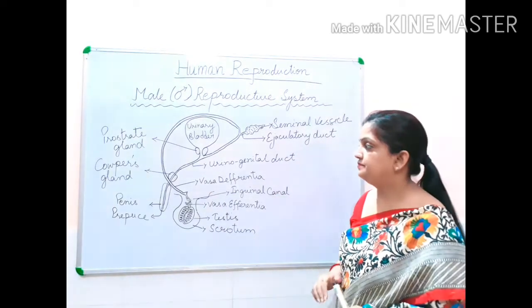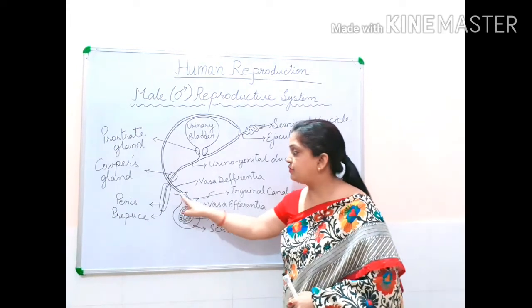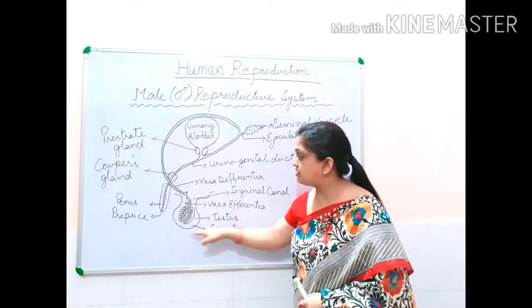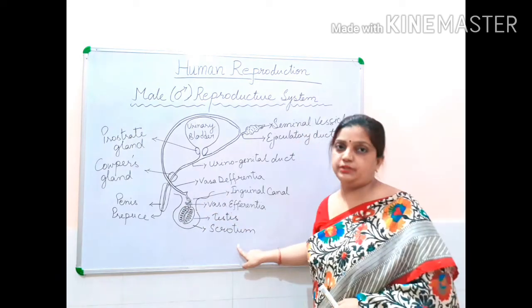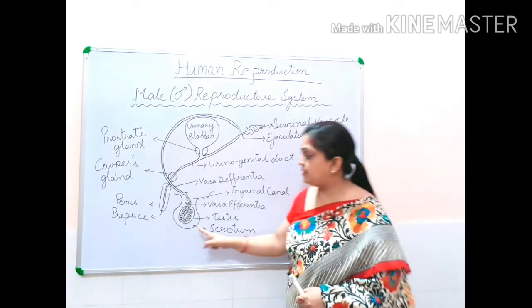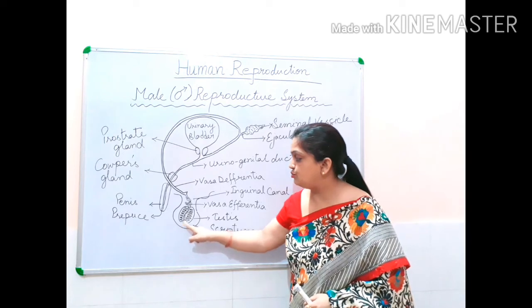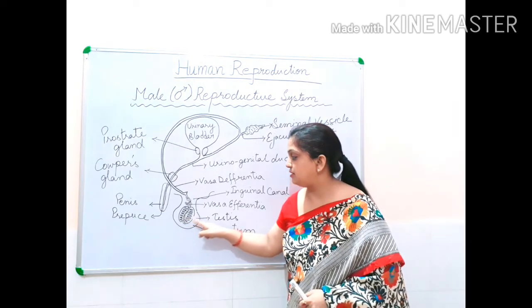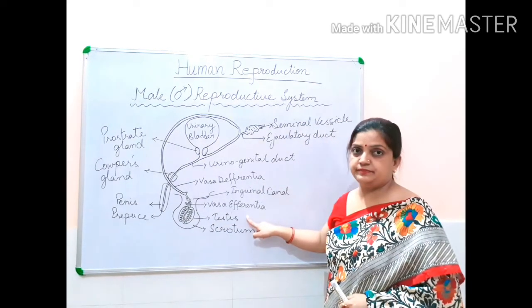I have drawn a pocket-like structure, which is called the scrotum. Inside this pocket you can see two bean-shaped structures, called the testis.